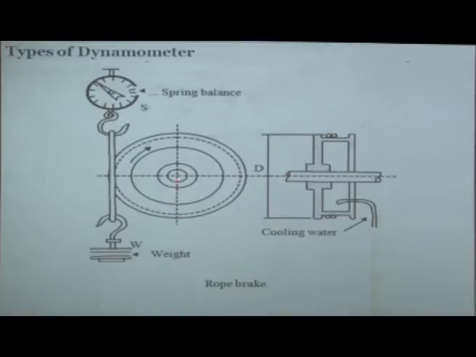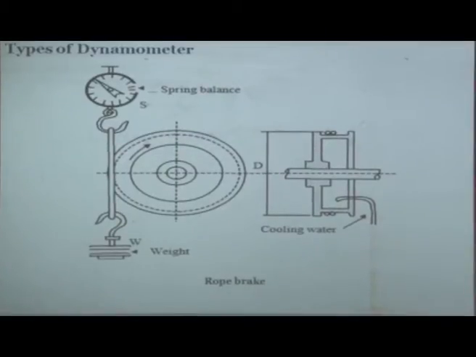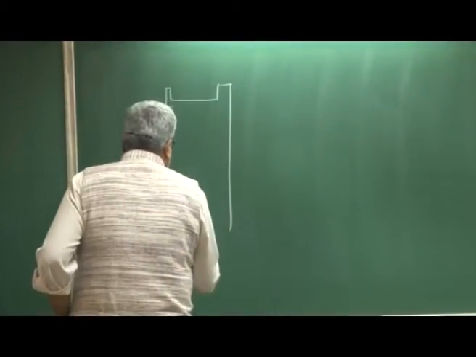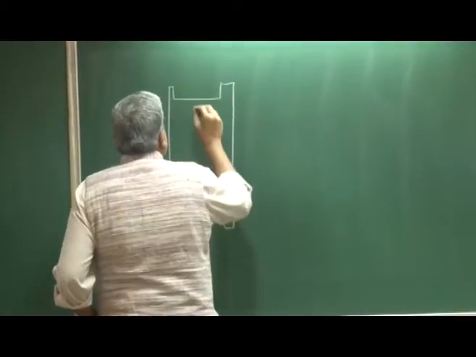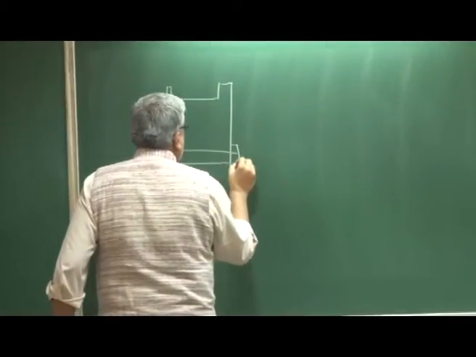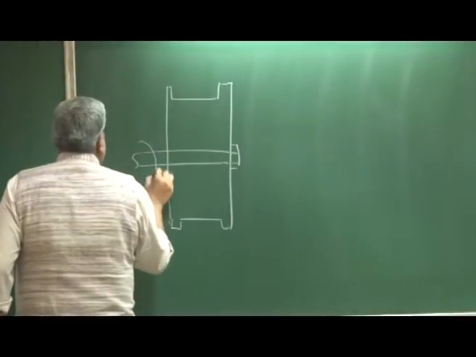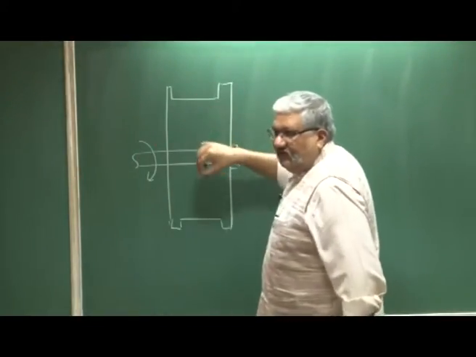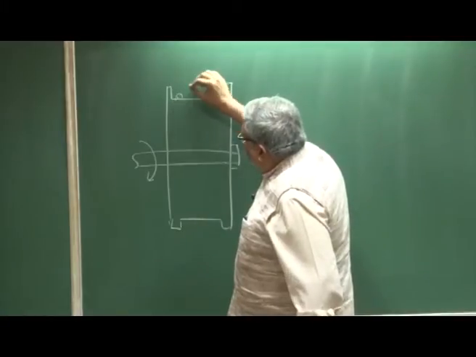So here the idea is that you have some kind of a flywheel, okay, which is attached to the shaft, okay, and then what you do is, the flywheel is like this, and this rotates, okay. So this is the flywheel.